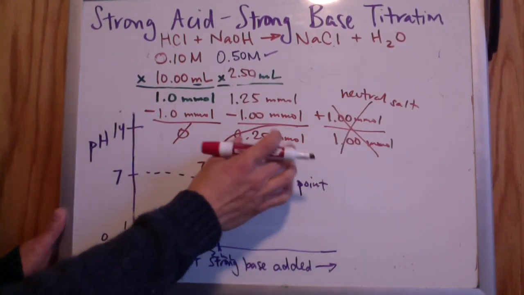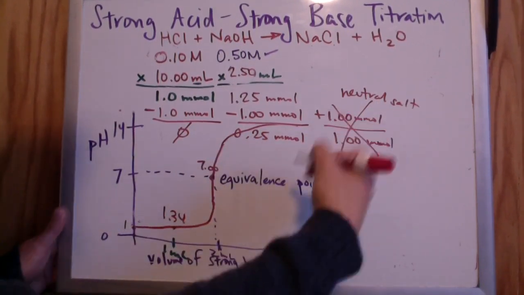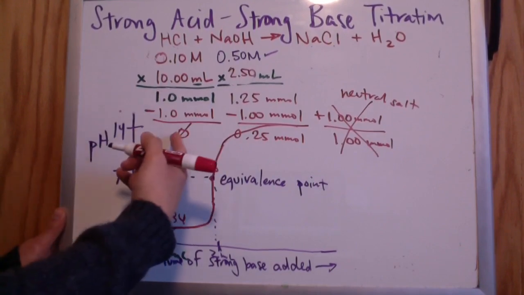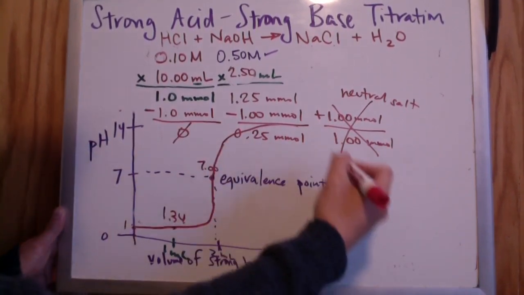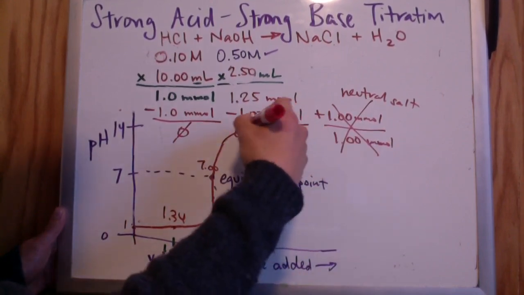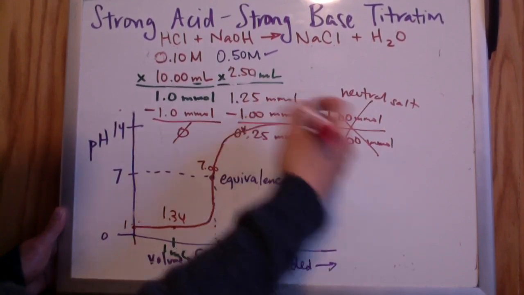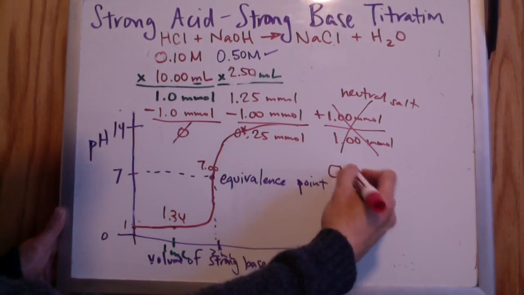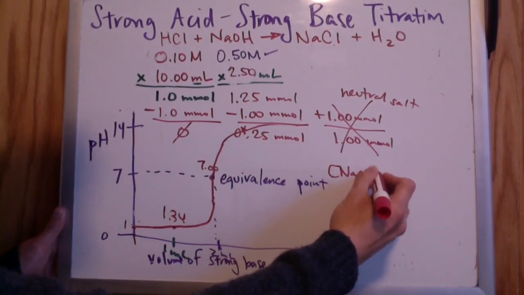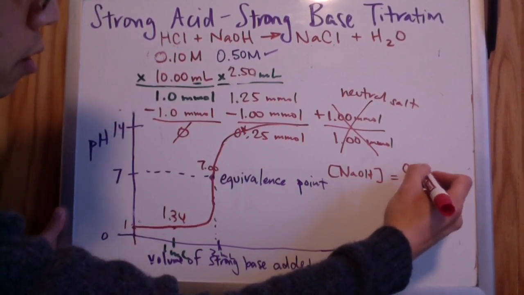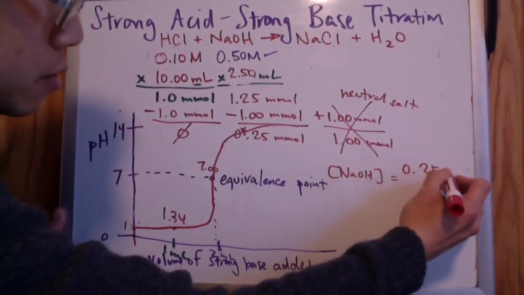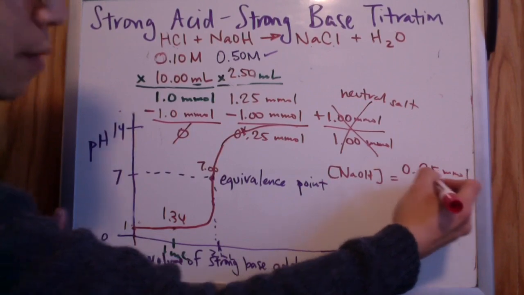So this would have no effect on the pH. So let's take a look here. Now we have the sodium hydroxide. Like we did before, we found the concentration of hydrochloric acid. So in this case, since sodium hydroxide is left over at 2.5 milliliters, we'll take the millimoles, 0.25 millimoles, and then divide it by the total volume.